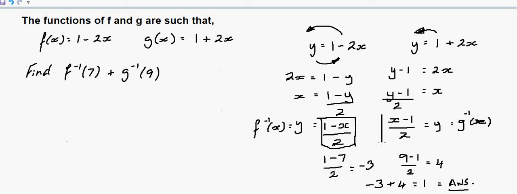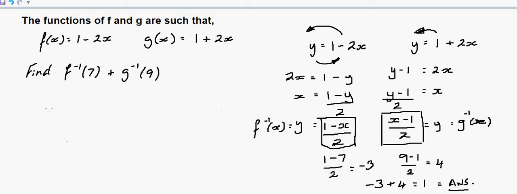We know that this here is the inverse of the g of x. And they're saying if we add them together, then we will always get 0.